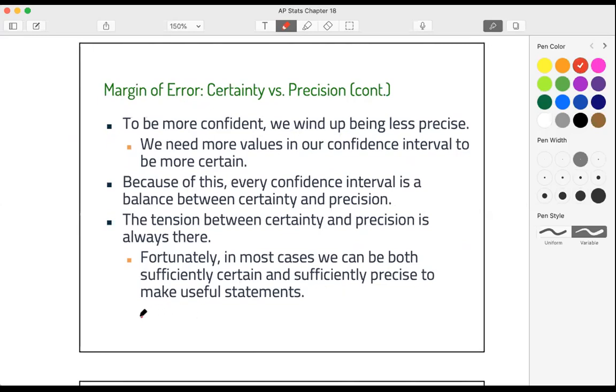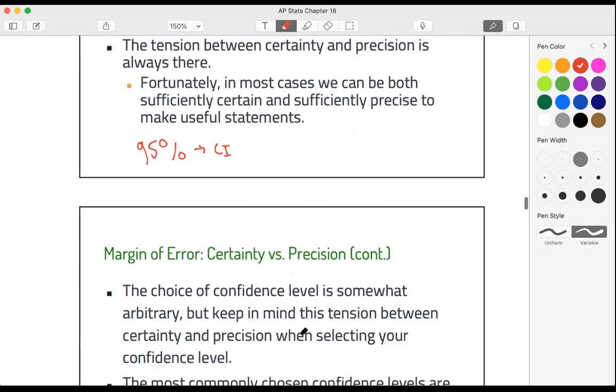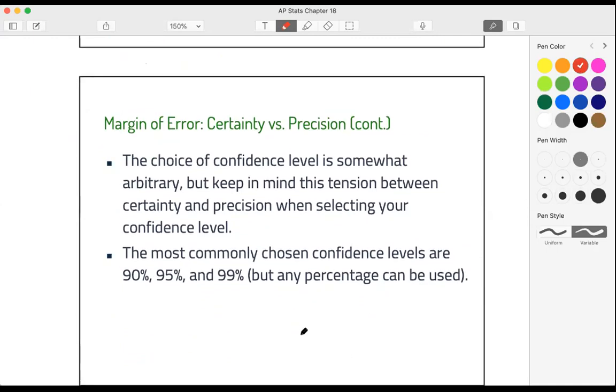So basically, we will almost always in this class be constructing a 95% confidence interval. This turns out to be pretty good. That's about as confident as we need to be. The choice of confidence level is somewhat arbitrary, but keep in mind this tension between certainty and precision when selecting your confidence interval.